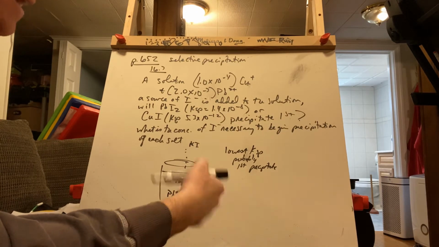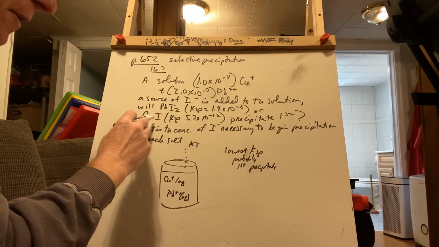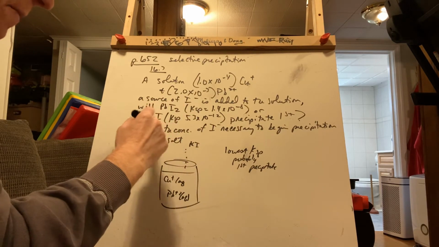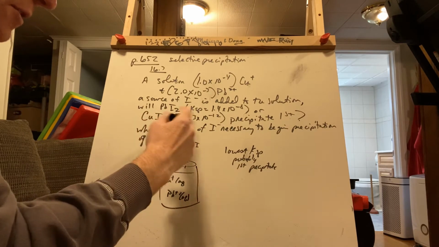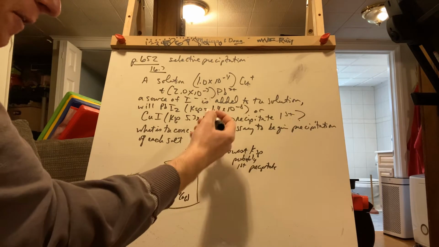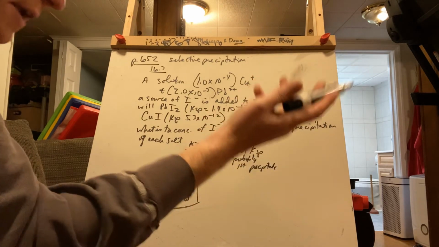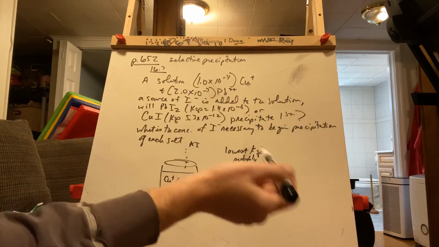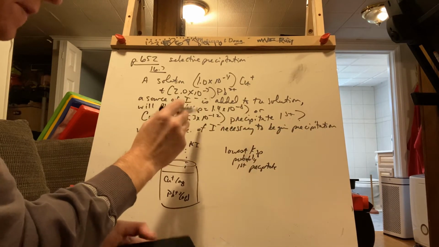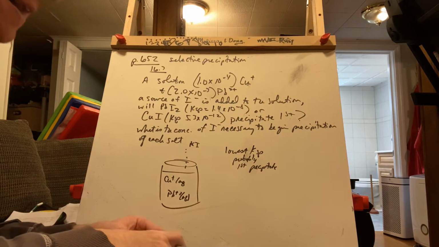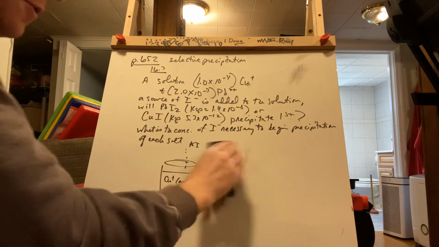So my guess is it's probably this one. I'm not sure how that I2 is going to impact it, but usually they make a big difference, like 5.3 times 10 to the negative 20th versus 1.4 times 10 to the negative 8th. And then it's pretty easy to pick that the lowest KSP is usually the one that's going to precipitate first. But let's calculate it and see if we're right.